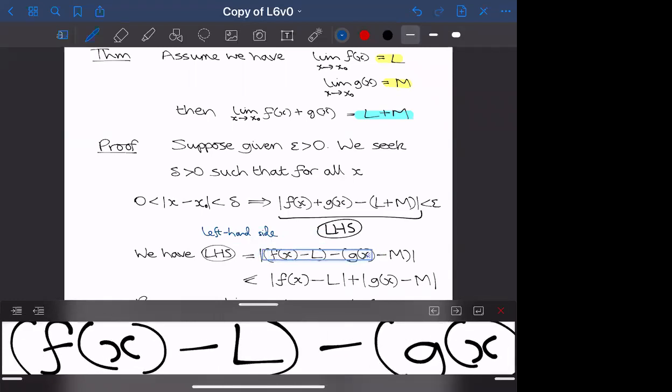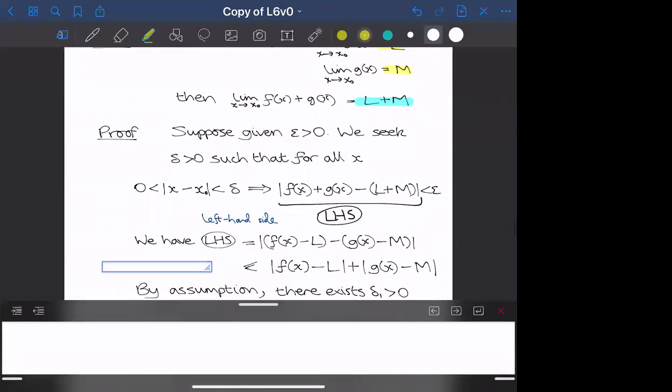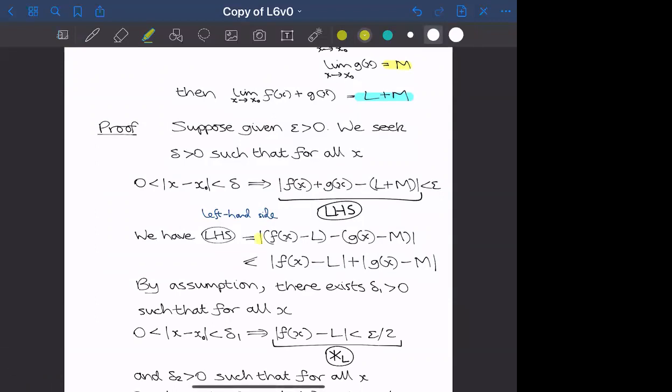I've just gathered f and L and g and M. And then the triangle inequality gives us that absolute value is less than the sum of 2 absolute values, |f(x) minus L| and |g(x) minus M|.